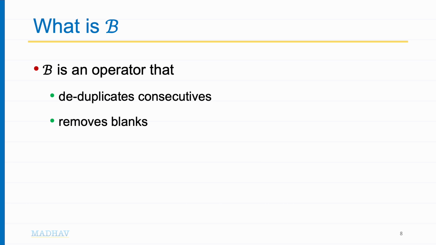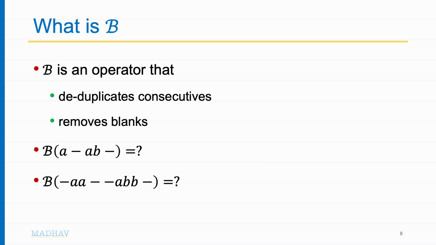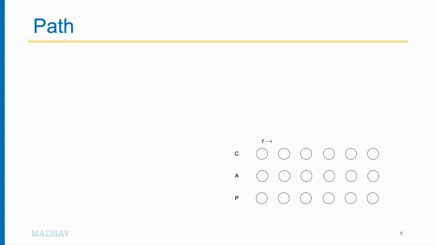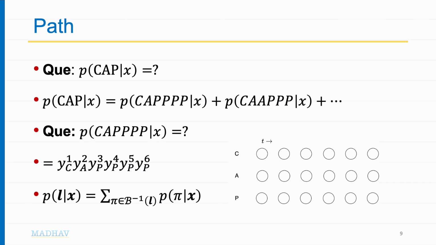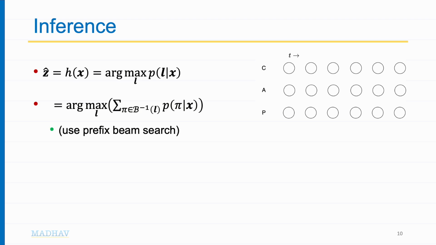Deduplication and then blank removal. It removes the consecutive duplicates and then removes the blanks. And we saw some examples here, and both of them will map to AAB. We discussed the mathematical notion of this path. I will quickly skip this part.